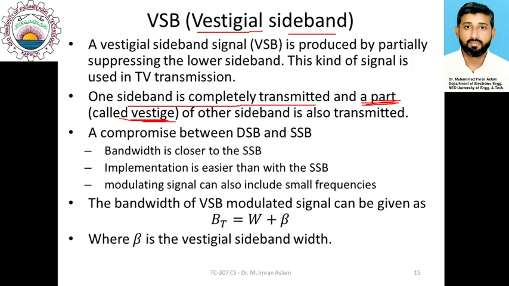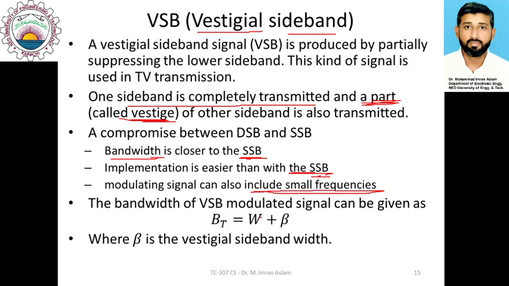So this scheme provides a compromise between DSB and SSB, in which the bandwidth is much closer to the SSB case. However, the implementation is easier than SSB, because we can use relatively simple filters in this case, and they also do not degrade the performance at the small frequencies.